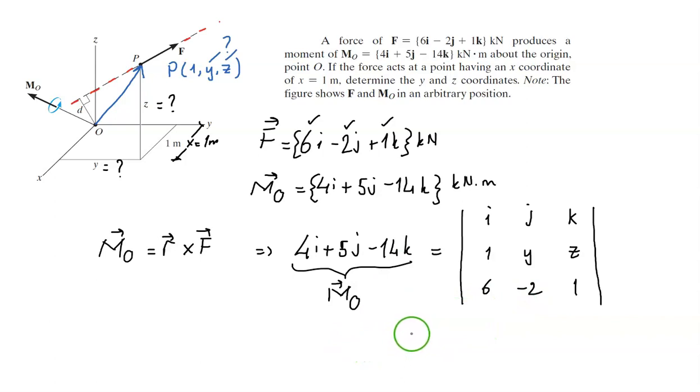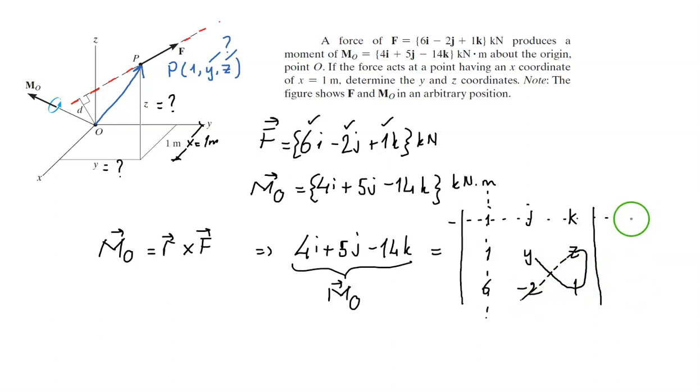I'm not going into the details of this calculation, but you should remember how to calculate it. For example, for the i component of the resulting vector, you delete this row and this column, and you multiply in this direction, y times 1, and then go up, minus z times minus 2.